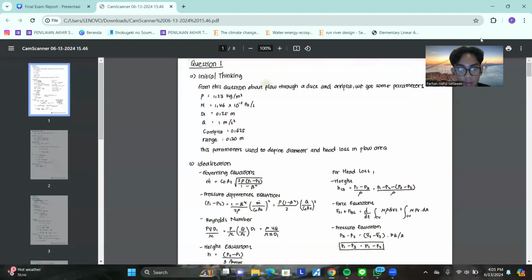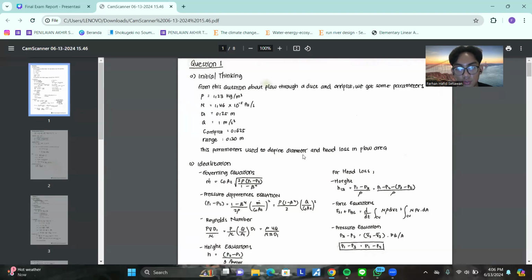We have the parameters: rho equals 1.23, mu equals 1.56 times 10 to the minus 5, D1, or diameter 1, equals 0.55, and Q equals 1 cubic meter per second. The orifice coefficient is 0.62625, and the range is 0.30 meter.